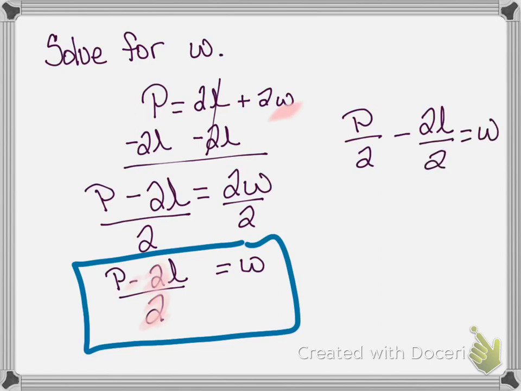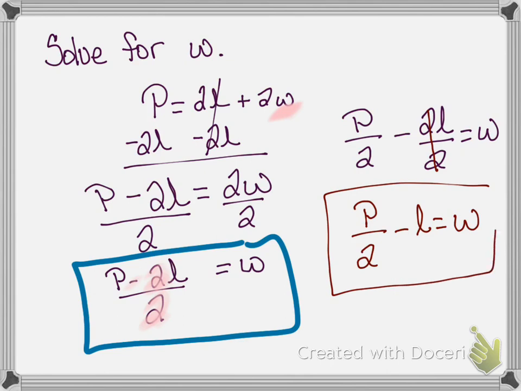And then you could cancel this 2. But you still have to keep that 2 with the P. So we could have P over 2 minus L equals W. This would be an acceptable answer too. What you need to understand though is because this is subtraction right here, you can't just cancel those two 2's.